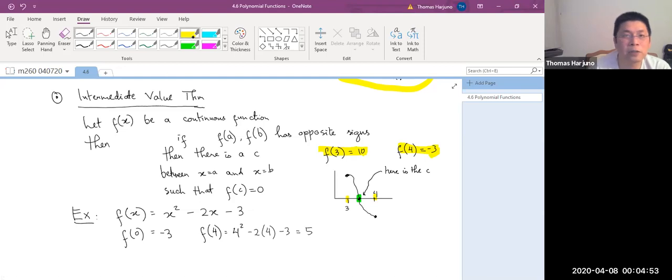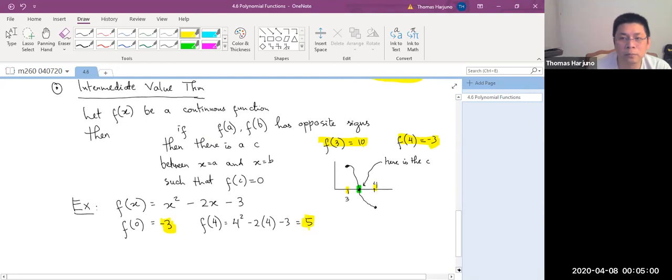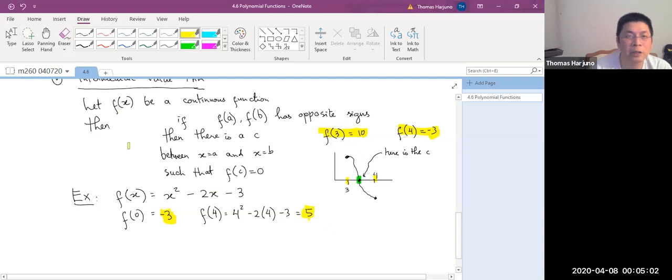Notice that f(0) is negative, while f(4) is positive. Because they have opposite signs, we conclude there must be a 0 between x equals 0 and x equals 4.